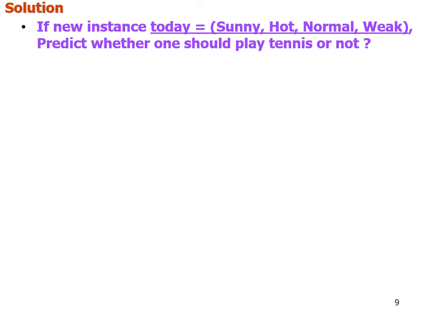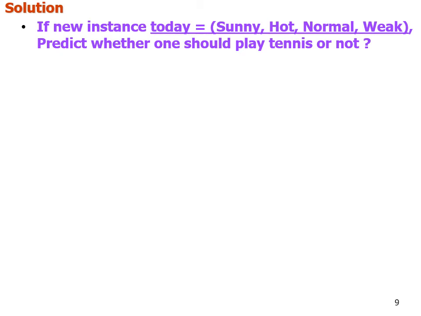We are done with computation of probabilities in various cases, and also we are done with formulating the solution in terms of the required expressions. So, what has been asked for? If a new instance today is given as the attribute values sunny, hot, normal and weak, predict whether one should play tennis or not.